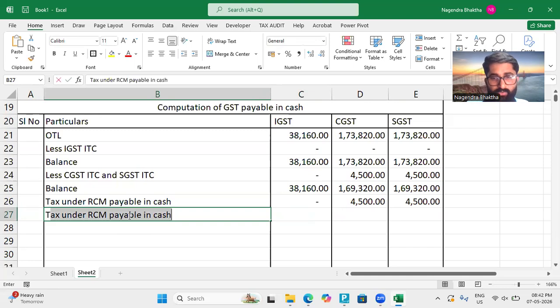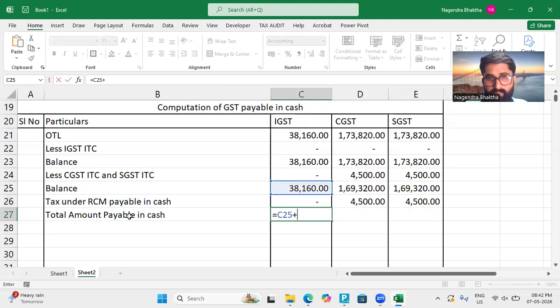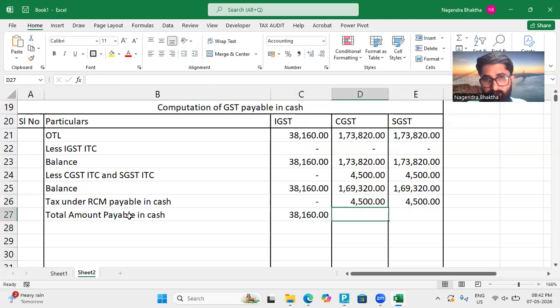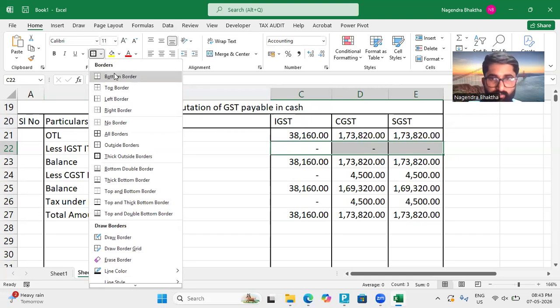And finally, total amount payable in cash. How much is the total amount payable in cash is equal to 38,160 plus 0 is equal to this, plus 4,500 and this plus 4,500. Correct. So I did not put the line here so that you may not get confused.